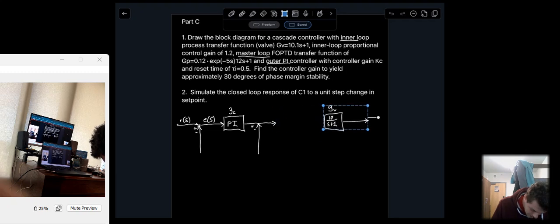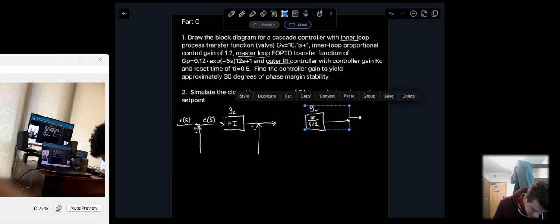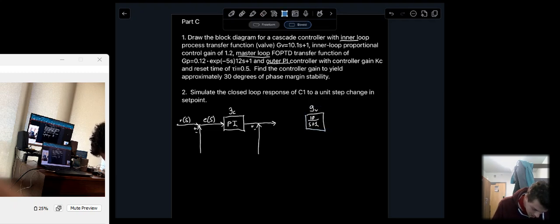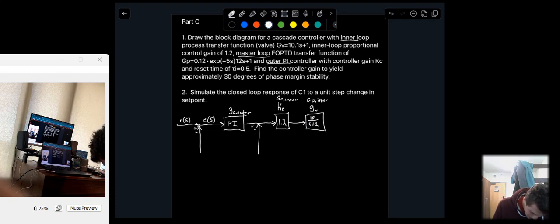Okay, this is going to be our process. And we're also going to have a good old-fashioned proportional controller with a gain of 1.2. So this is just going to be a KC or GC in. And of course, this will be GC outer. Then this is our G E inner.